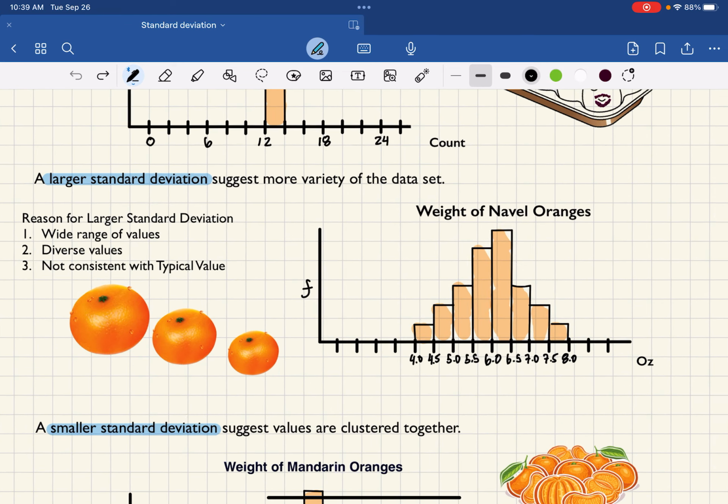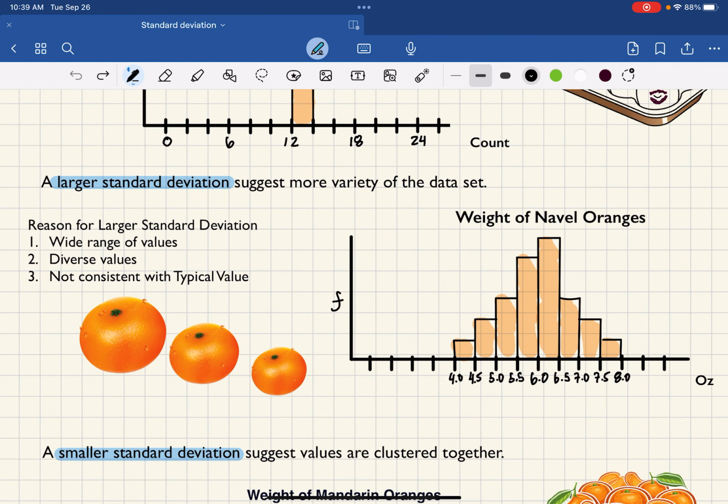Now, what about oranges? Let's say a large standard deviation suggests more variety of the data set, like oranges. You go to the store. Some stores have oranges in a pile. Some are large oranges, medium oranges, and small oranges.